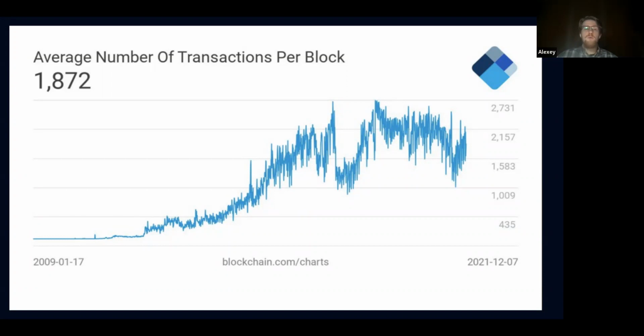Here on the graph, we have the average number of transactions per block. As you can see, for the past few years, the average number of transactions per block is roughly around 2,000.